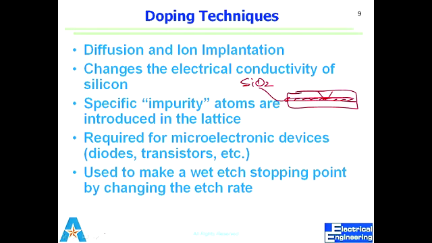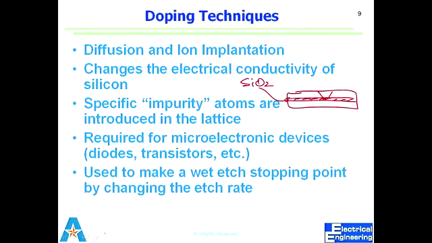Now, if I want to achieve X amount of doping, what can I do with the number of ions that I bombard on the surface? If I want a high number of dopants, for example, I can fire many more of those ions. That's what we call dose.